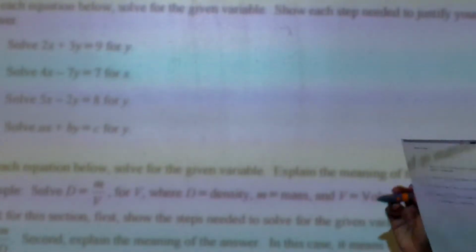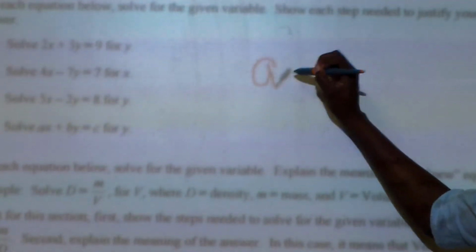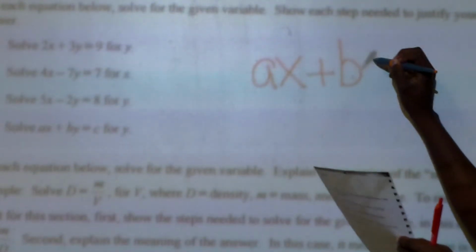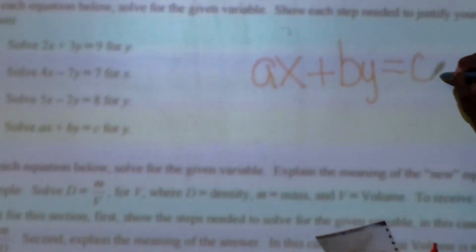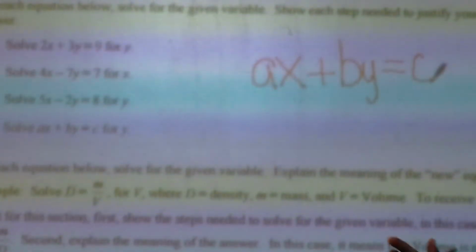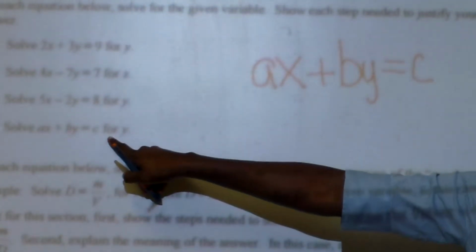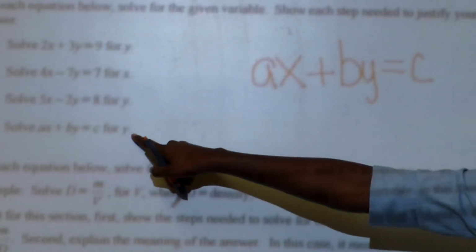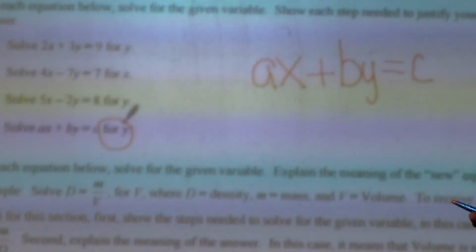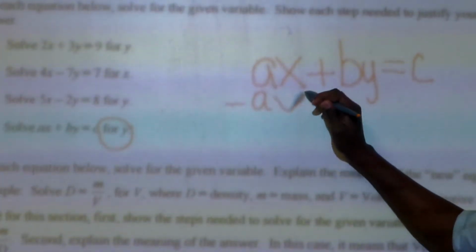Look at number 4. That's the next one we're going to do together. We have ax plus by equals c. Here, trying to get y by itself again. It's just number 4 right here, guys. Number 4. Trying to get y by itself, it says solve for y. So what are we going to do to both sides? Move the ax to the other side.